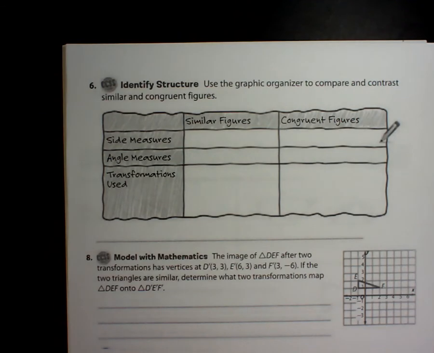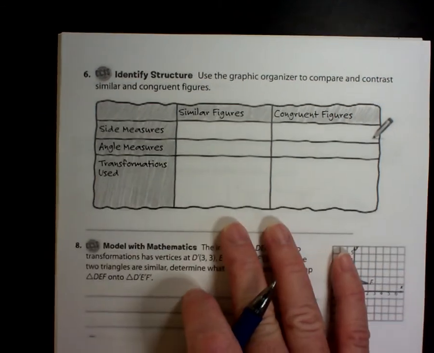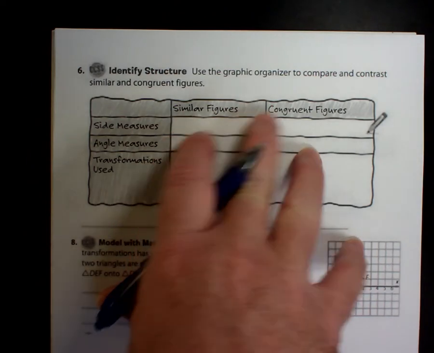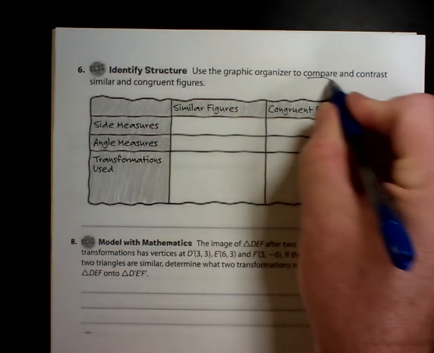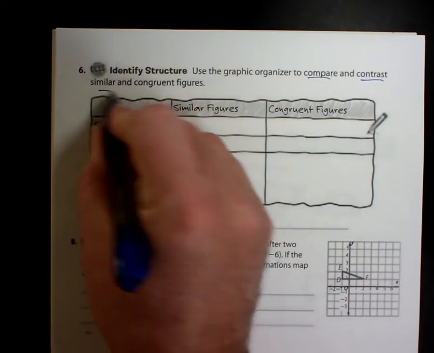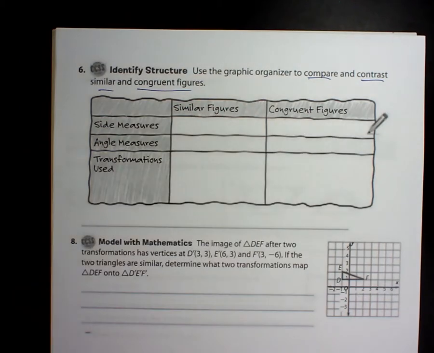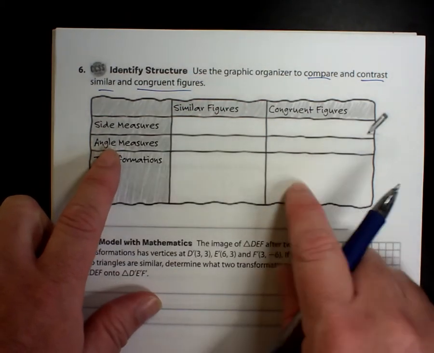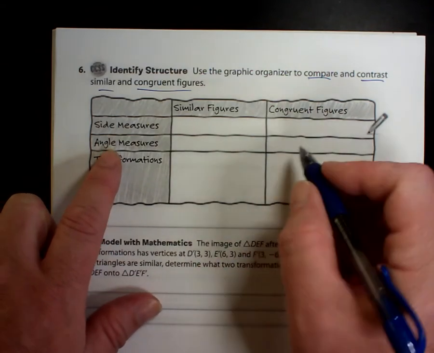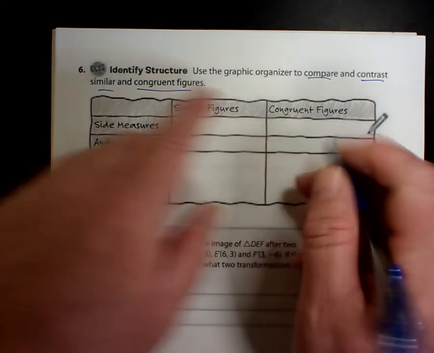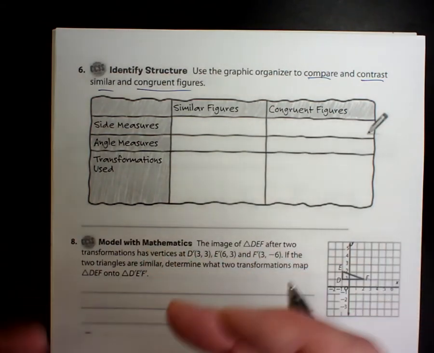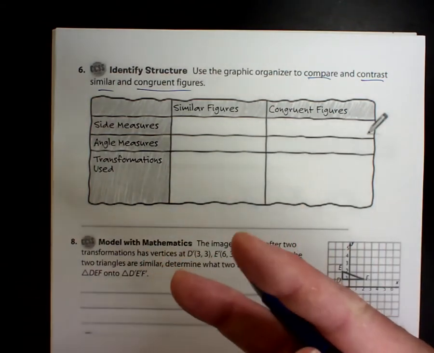Now I really like this graphic organizer here. Use this graphic organizer to compare and contrast. So we're doing some real higher-order thinking here. Similar and congruent, you're finding out the differences. Let's start with angle measures in figures that are exactly the same, between two congruent figures.